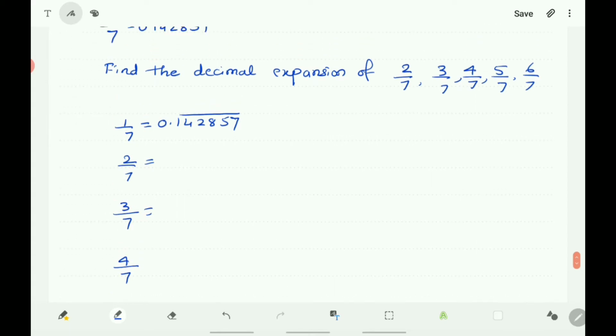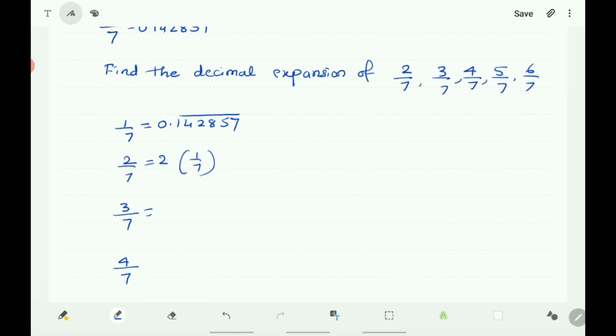Here it is very simple to find the decimal expansion of 2 by 7 by using 1 by 7. Here no need of dividing. So you write 2 by 7 means 2 into 1 by 7, that is equals to 2 into 0.142857. So you multiply 142857 by 2.